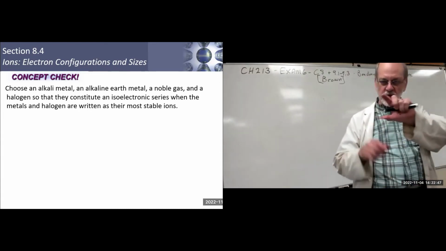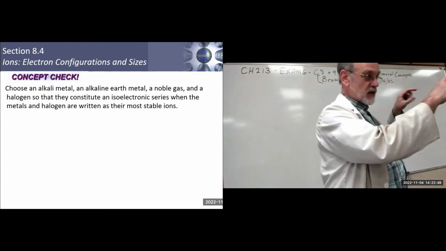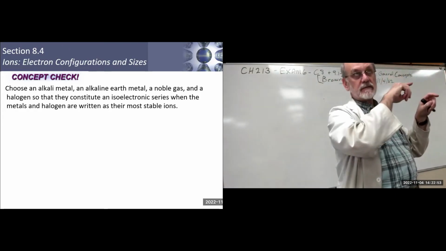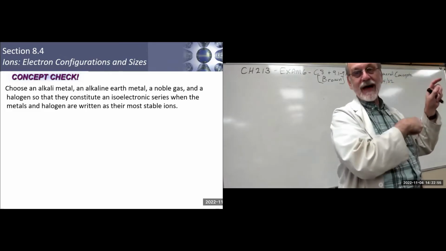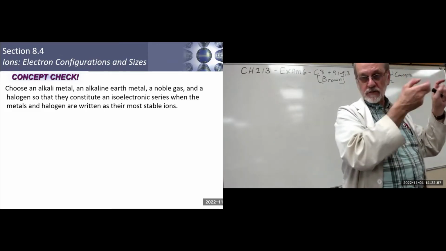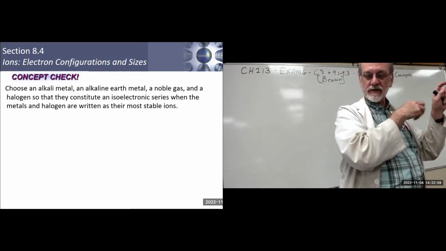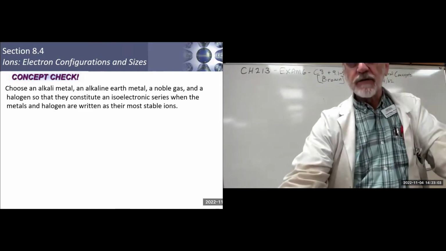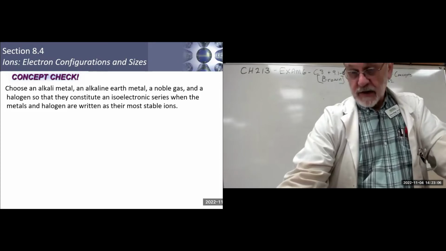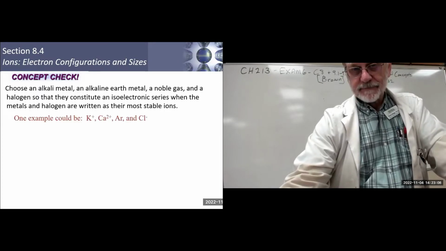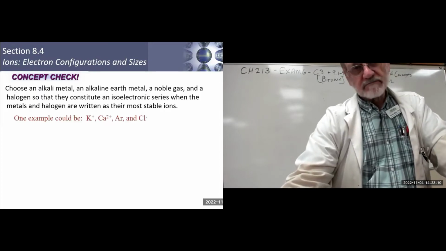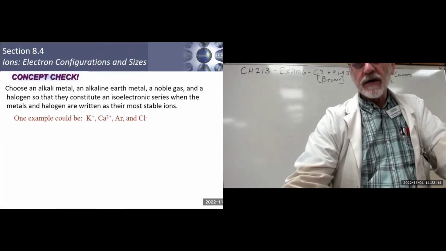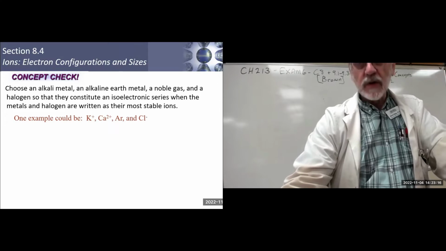You're generally moving to the left of the noble gas on the periodic table, or wrapping down to the beginning of the next period for the metals, and then they lose electrons to achieve the noble gas configuration. There's one: potassium ion, calcium ion, argon, and chloride ion, all isoelectronic.